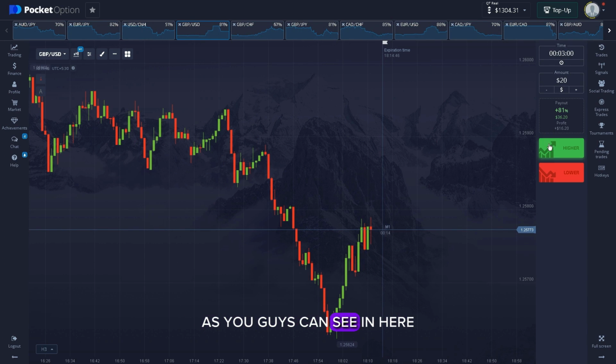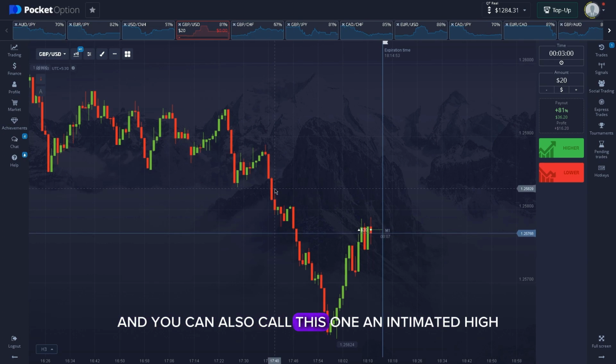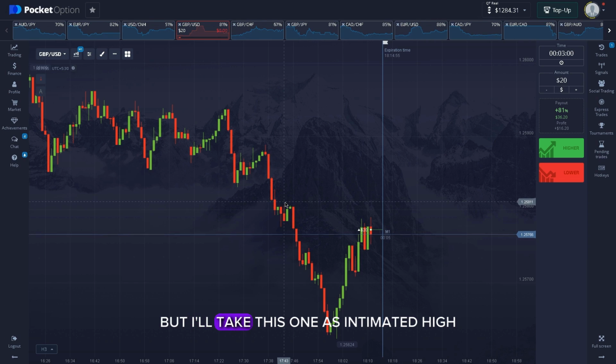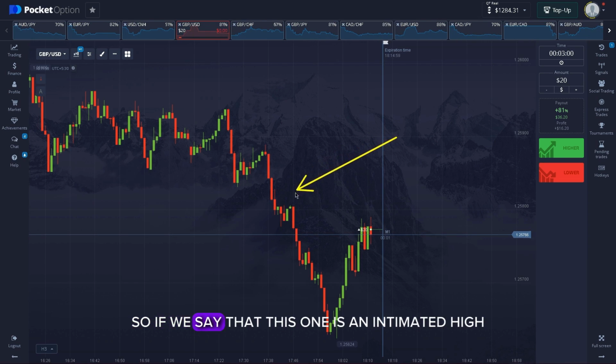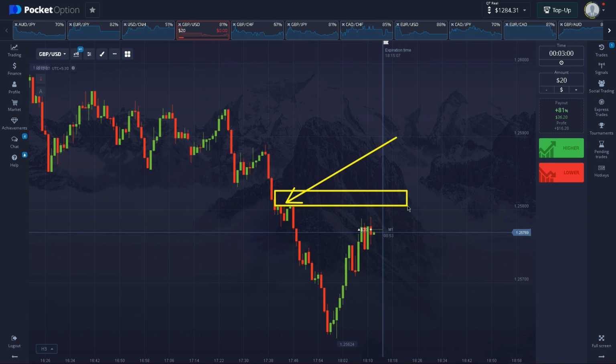As you can see, we have this intermediate high here, and you can also call this one an intermediate high, but I'll take this one. If this is an intermediate high, that means the liquidity in the market is here.